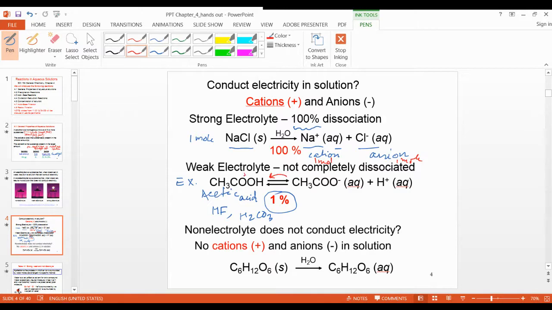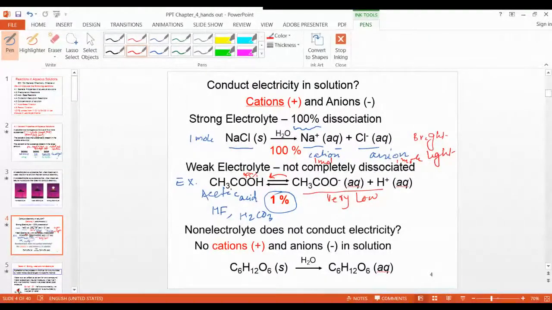So these ions are very low in the solution, and that is why you will get a dim light. But these are 100% here, so you will get a very bright light.